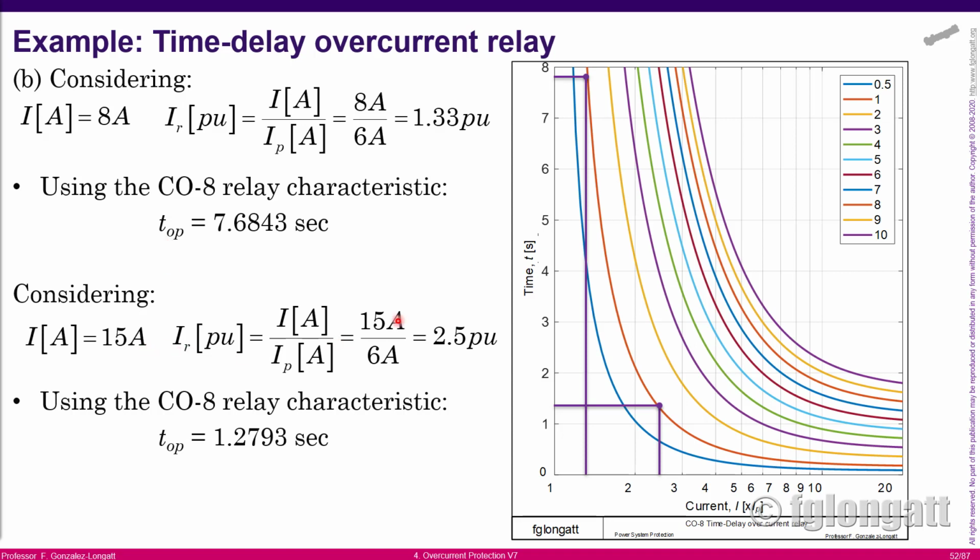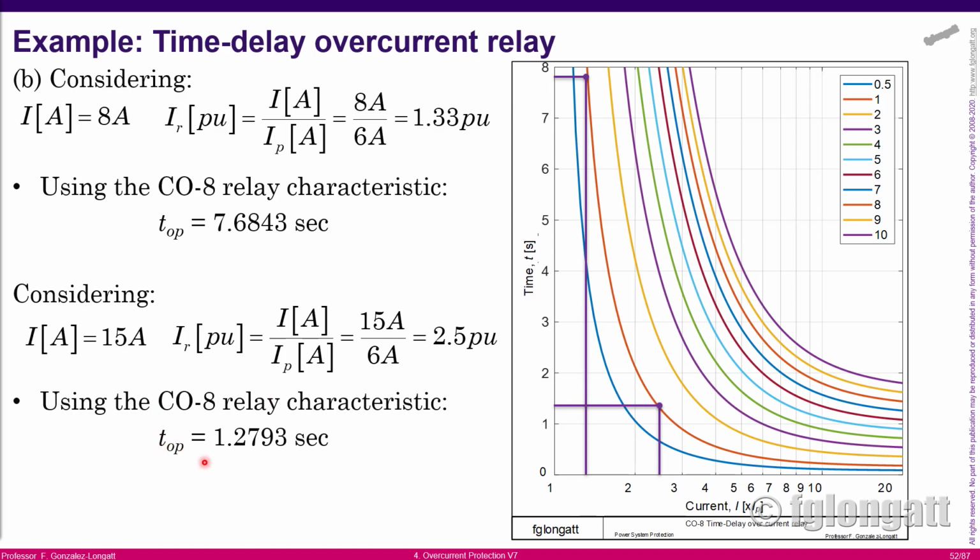Finally, we want to know right now if the operating current is 50 amps. We divide by the pickup current, we obtain 2.5. 2.5 is located here on the characteristic. We intercept with the curve for the time dial 1, and we go to the vertical and we obtain the operating time.